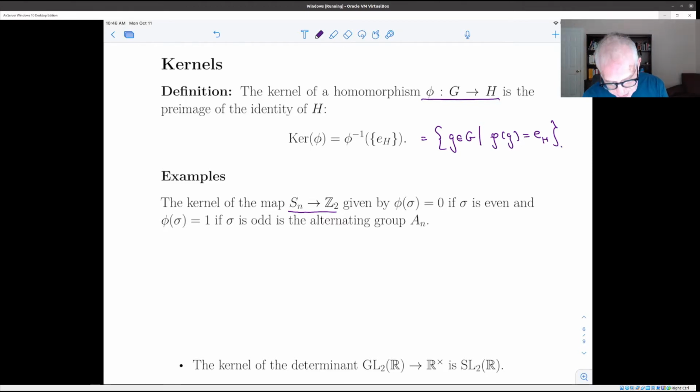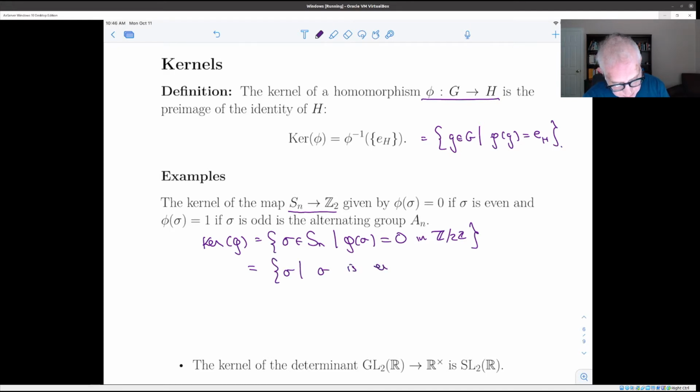So the kernel of this phi is the set of permutations in S_n such that phi of sigma is 0 in Z_2. That's exactly the set of sigmas such that sigma is even, because of the way the map was defined. Phi of sigma is 0 if you're even, and it's 1 if you're odd.